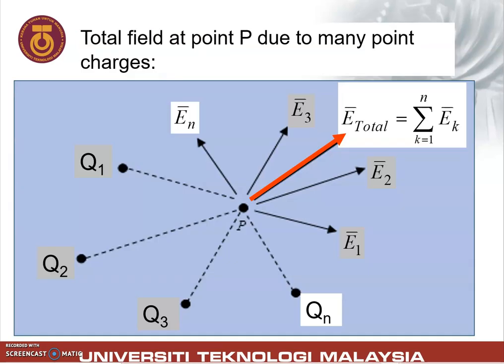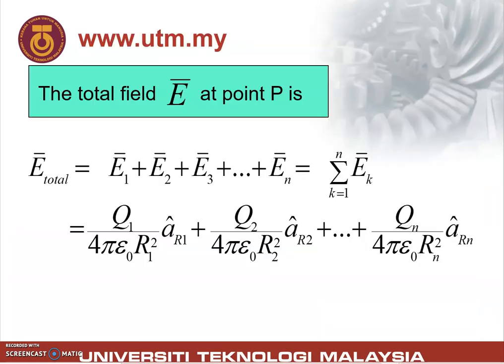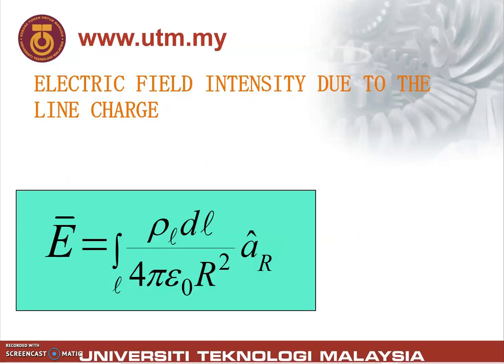The total field at a point due to many point charges is only a plus, a summation. Electric field due to a line charge: because it's a line charge, it is continuous. Instead of having points where we take a summation, this one is continuous.